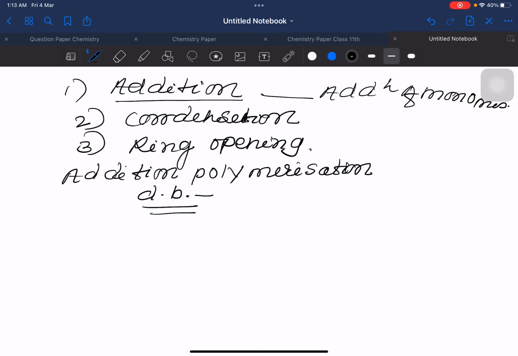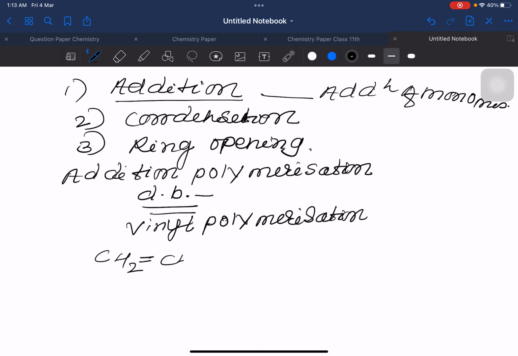It is also referred to as vinyl polymerization, since the majority of monomers are from the vinyl category, for example CH2=CHCl, that is vinyl chloride, and acrylonitrile, that is CH2=CHCN.